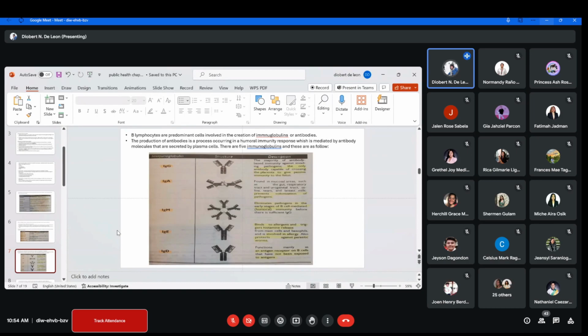You're very specific about it, like the IgA, mga IgE. If we need to be protected from this kind of pathogen, then this immunoglobulin is the perfect element, no, na pwede nato magamit to protect us from that pathogen.